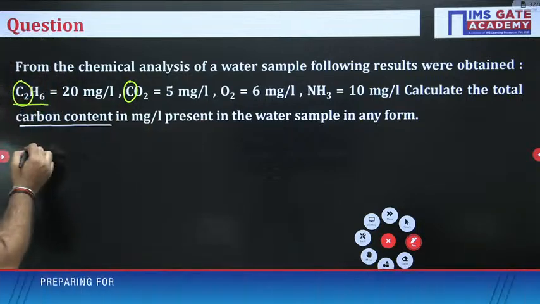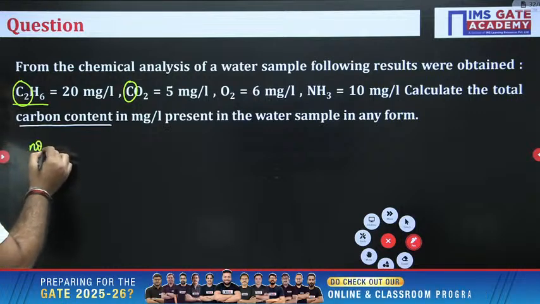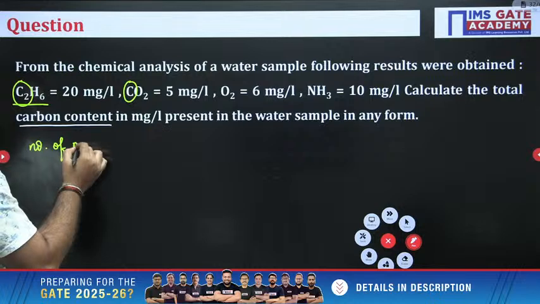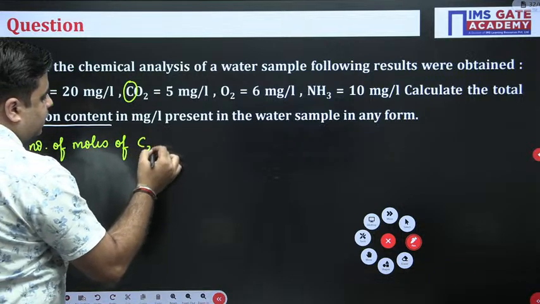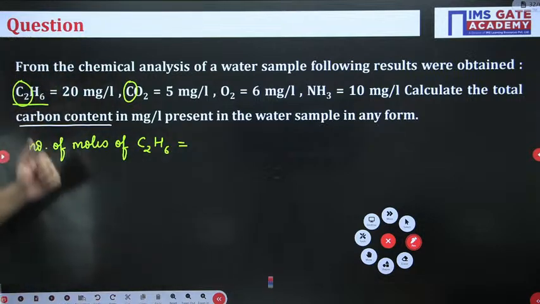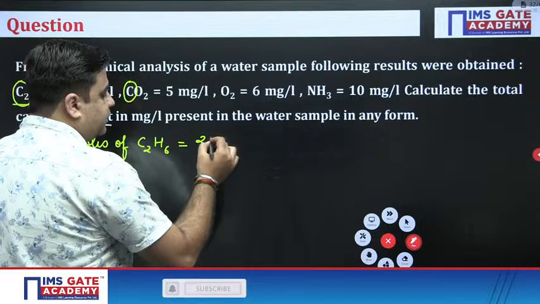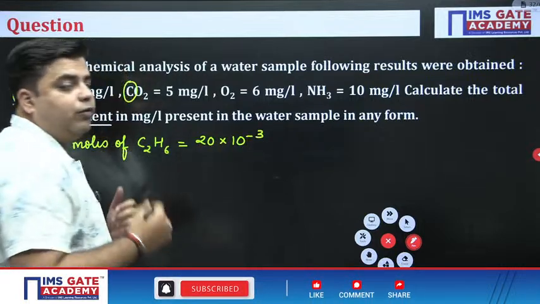So the number of moles of C2H6 is equal to the given weight of C2H6. Wherever milligram is there, you multiply it with 10 raised to the power minus 3 in order to avoid confusion.